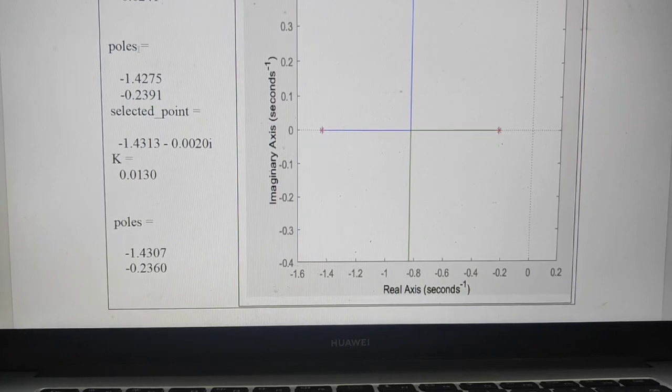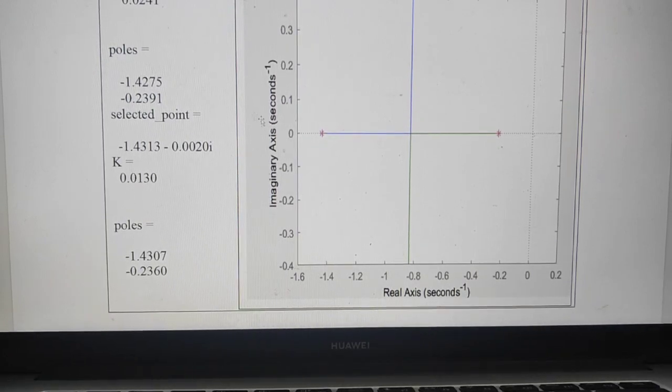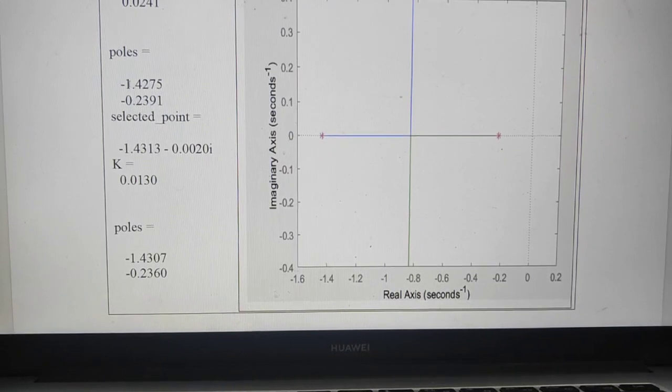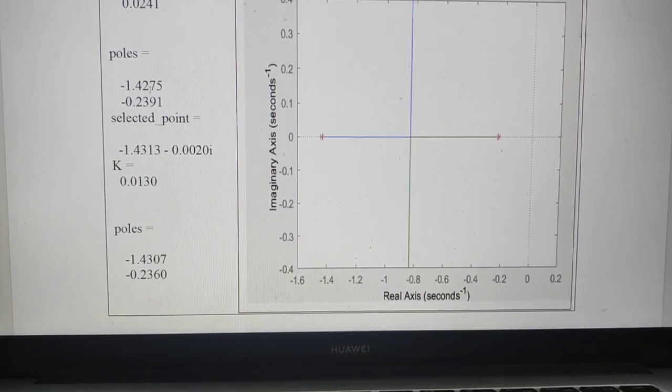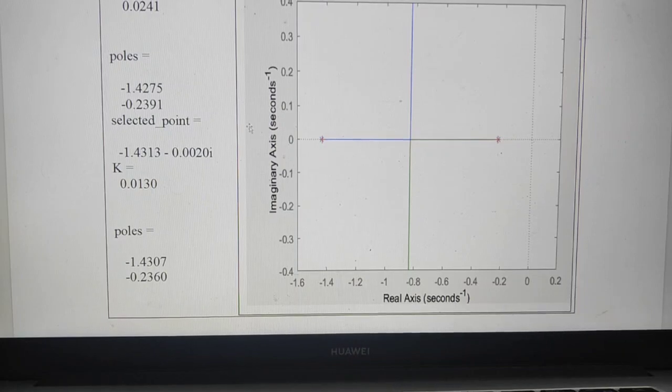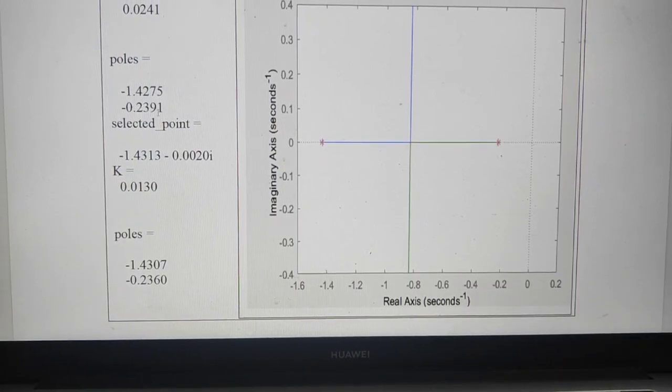The poles are negative 1.4275, which is here, and negative 0.2391, which is here.